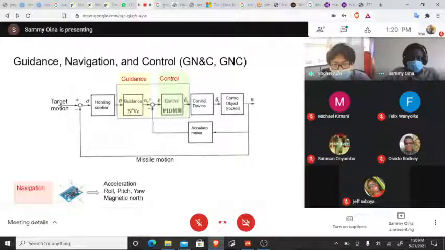This is guidance. Basically the guidance decides the target position, then sends it to the control system. By receiving the target position, the control system controls the position and attitude of the missile. This is the difference. Next.